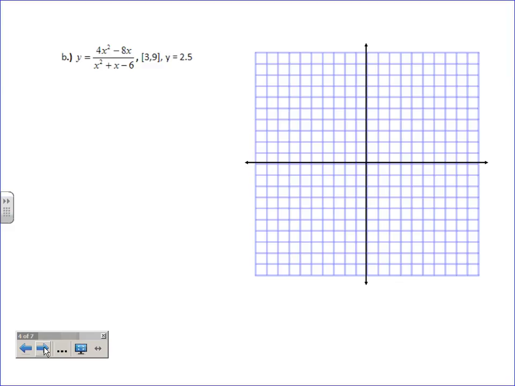Which asymptote? X equals or Y equals? So vertical, okay. So X equals -3, did you say? Or +3? Well, let's find out. Oh, there it is. There is most definitely a hole. I was looking for that first. So we know there's a hole at.